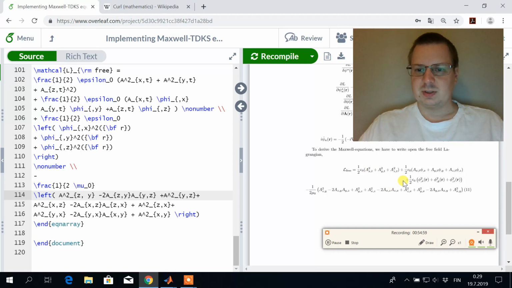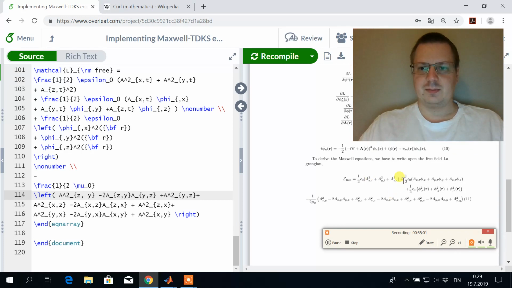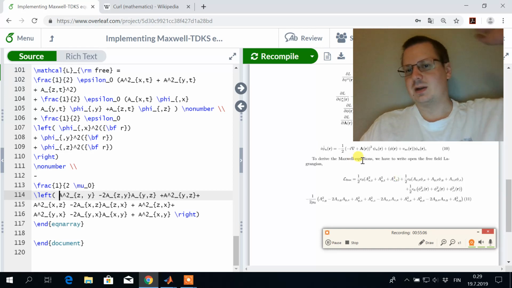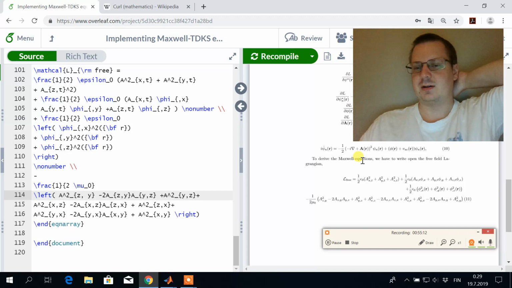But there's like 2 transverse dynamical modes, and then the longitudinals are not dynamical, but they're given by the source terms of density and current, and these are then again given by electrons.